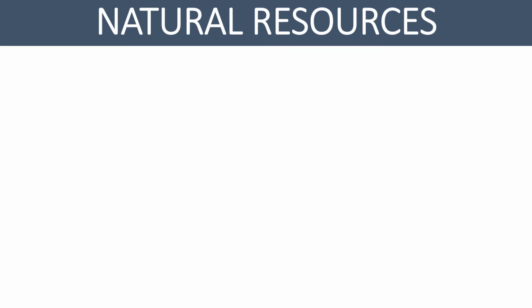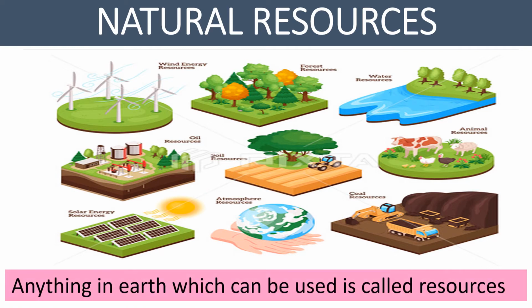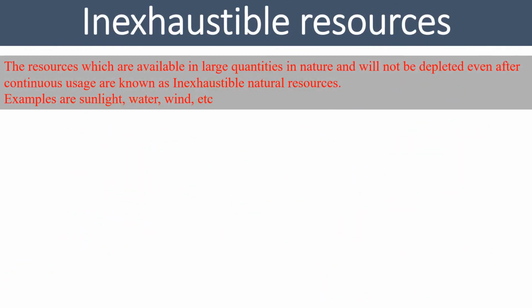What are natural resources? Anything in the environment which can be used is called a resource, and natural resources can be of two types. The first is inexhaustible resources. And what are inexhaustible resources?